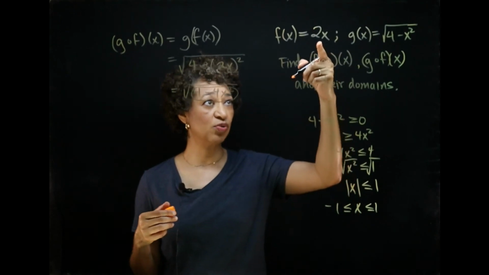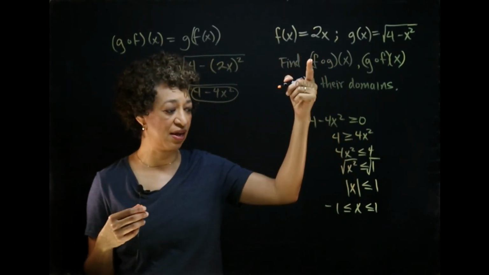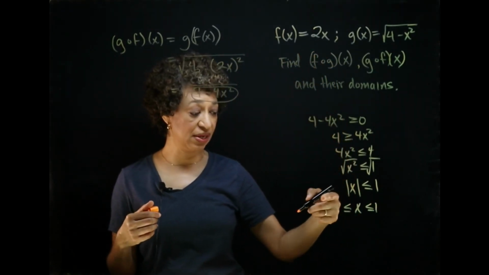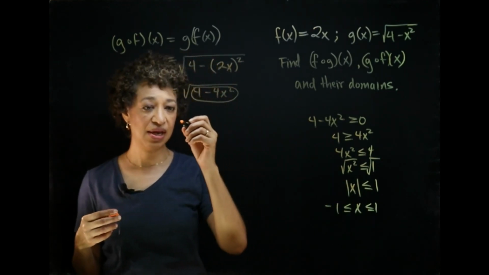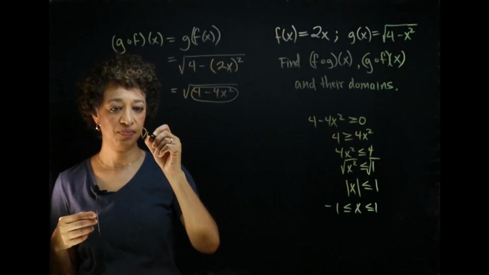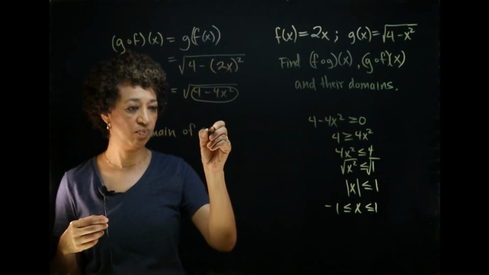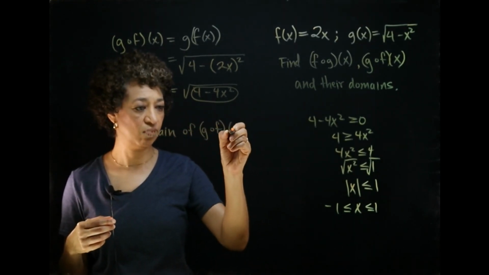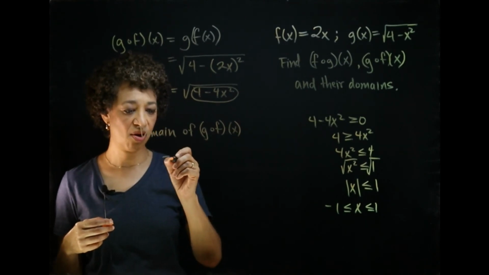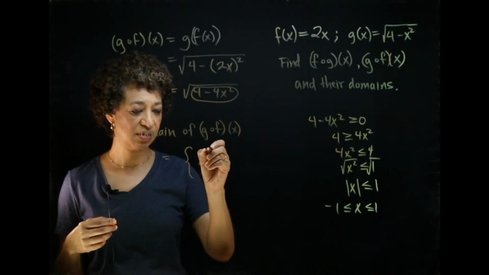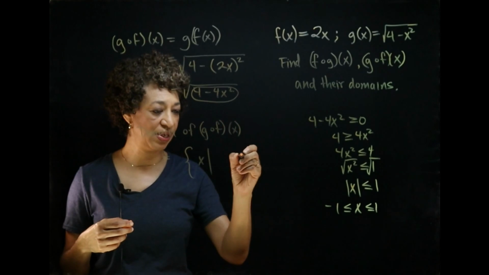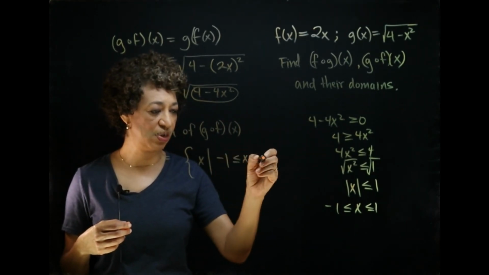So since there was no restriction on x in the function named f, our domain will be this restriction. So the domain of g of f of x is all the values of x such that x is between negative 1 and 1 inclusive.